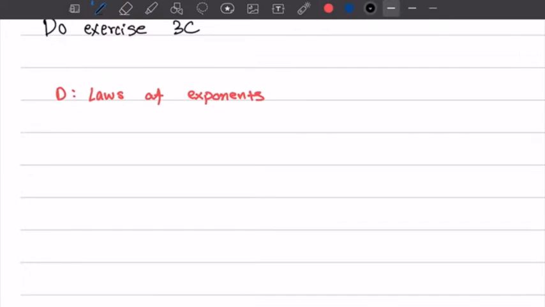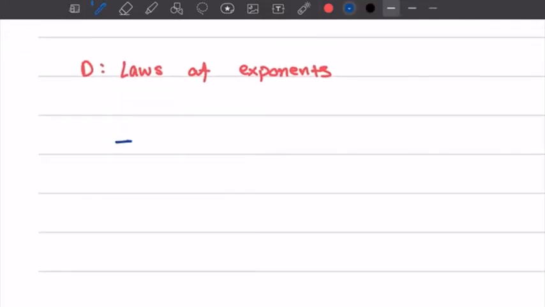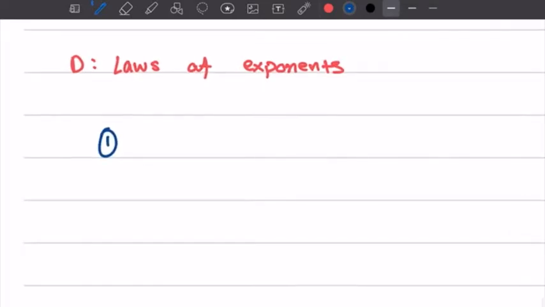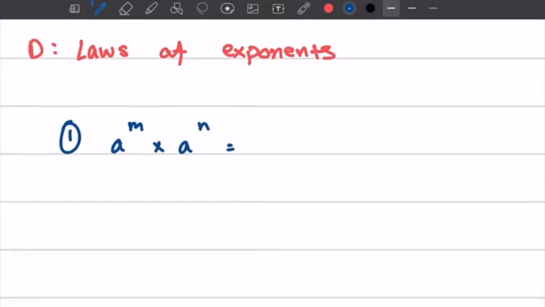The first law, let me write number 1, is when you have something like a to the power of m times a to the power of n. Well, what does this mean? Here you have a number with a power multiplying a number with a power. The law states that when you have this kind of question, the powers add together. So you will have a to the power of m plus n.